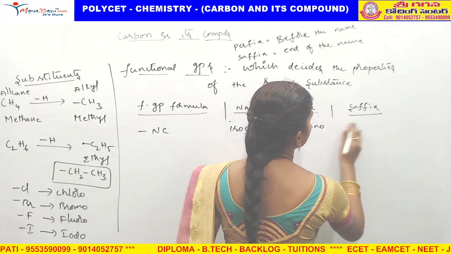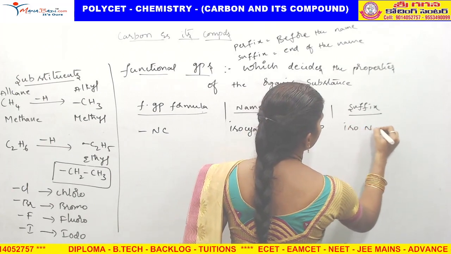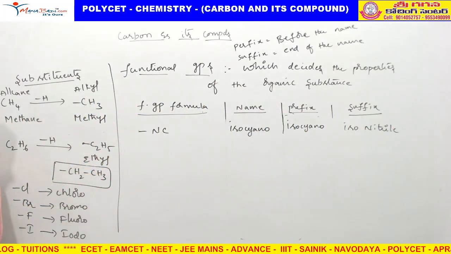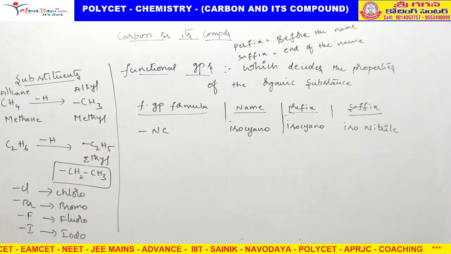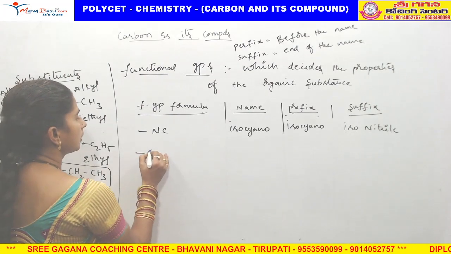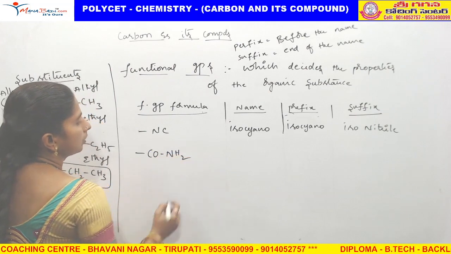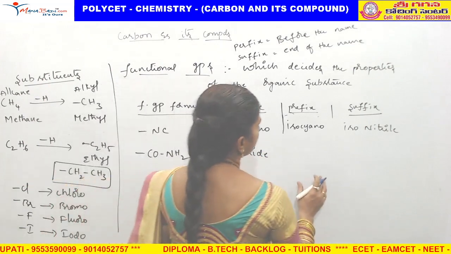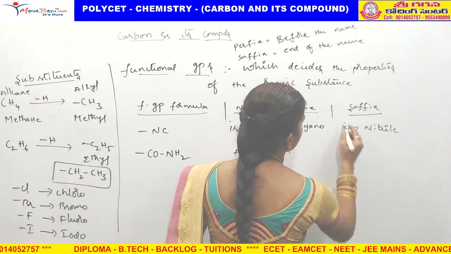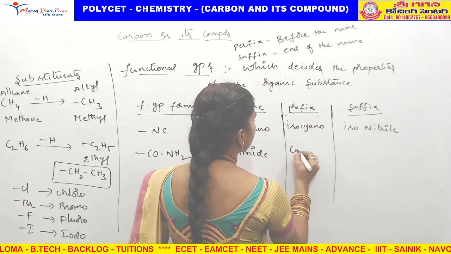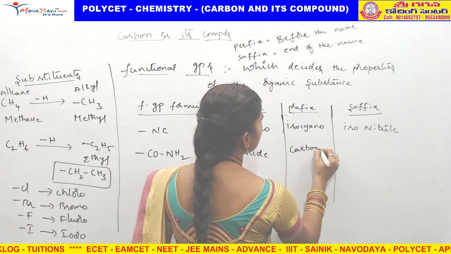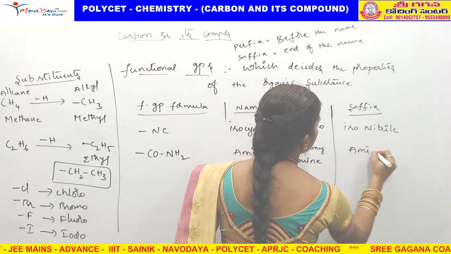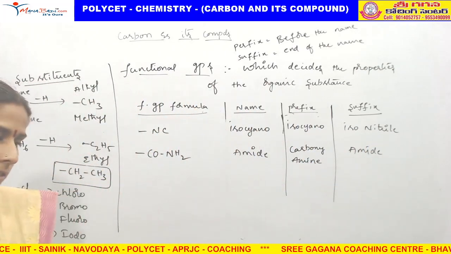Suffix is isonitrile. These are the functional groups we use in our organic compounds. There are more, CONH2. This is called amide. Prefix is carboxyamine, and the suffix is amide. These are the functional groups.